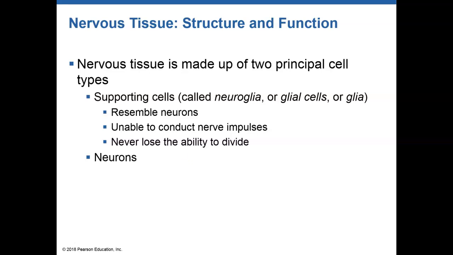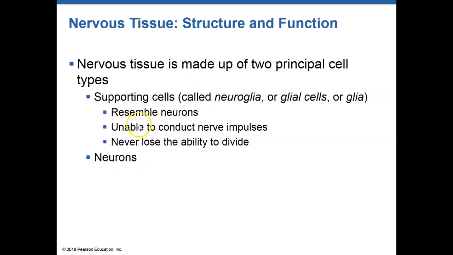Their major job is to support and protect the neurons. An important differentiation between the two is that the neuroglial cells are able to divide, so they undergo mitosis readily. They can fix themselves and they can make new cells, while neurons can't.